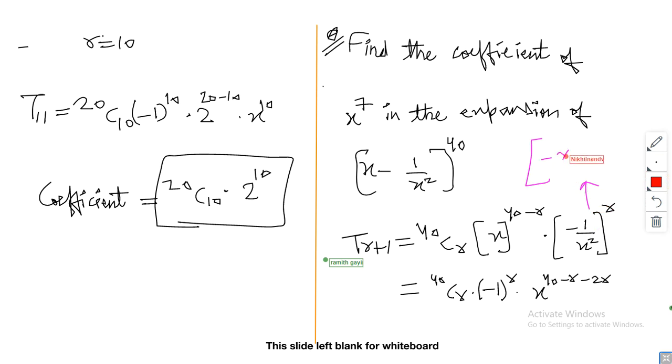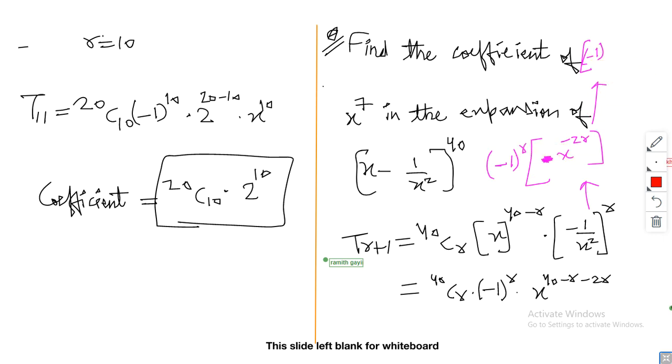Can I write this as x to the power minus 2r, and minus 1 to the power r I have already taken like that? Okay, yeah.